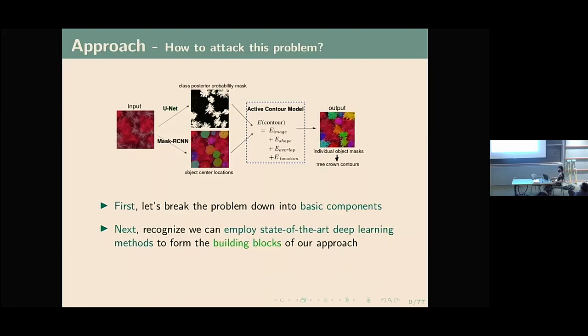I'll explain that in a moment, in order to get the class probability maps. So that's these guys here. Simultaneously, we do instance segmentation on the same input using Mask RCNN to acquire estimates of the tree counts and locations, these blobs with little centers. That gets us the counts and the locations.